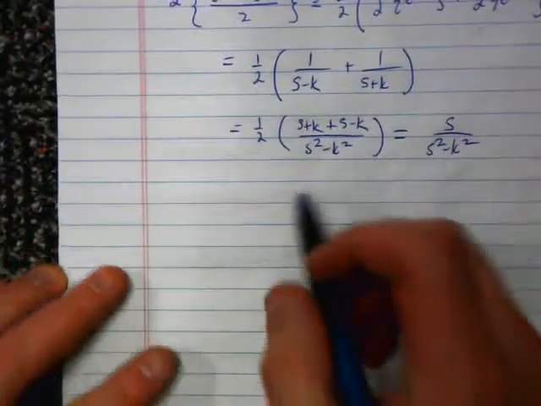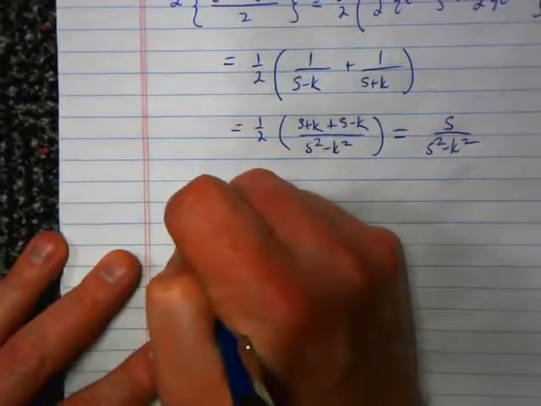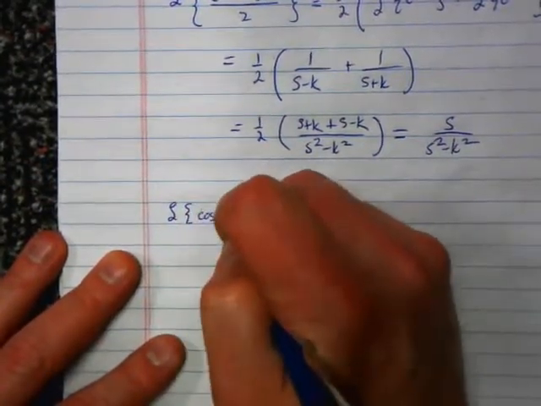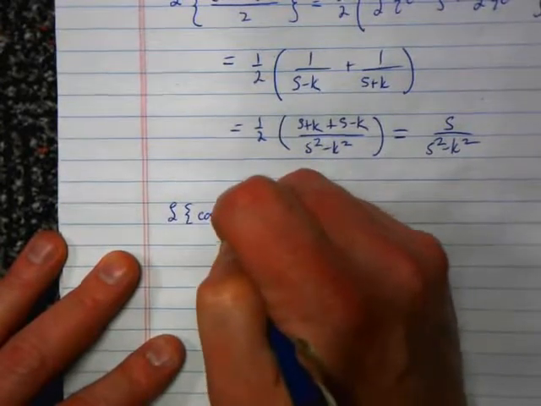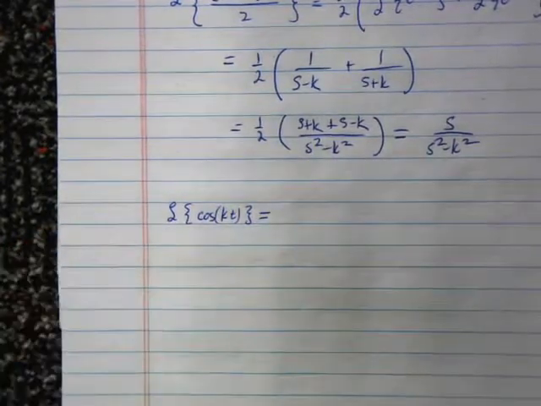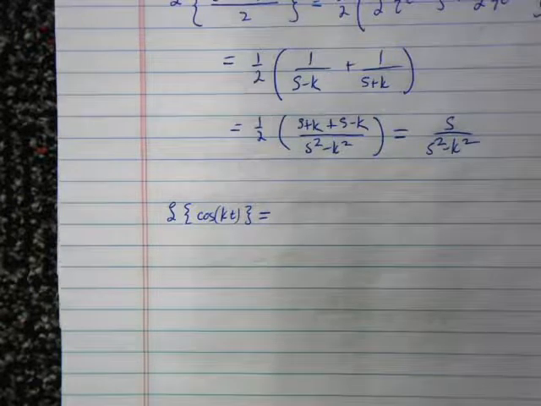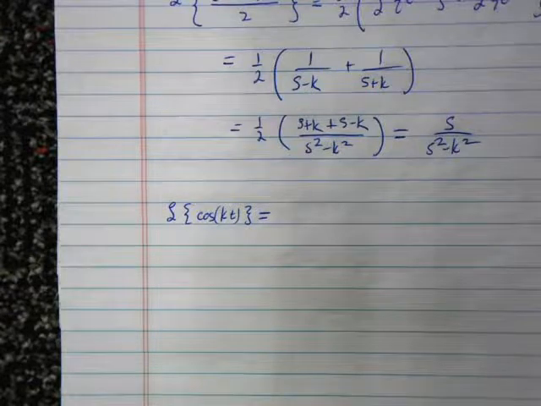All right. So how about the Laplace transform of regular old cosine of kt? How would you find it?